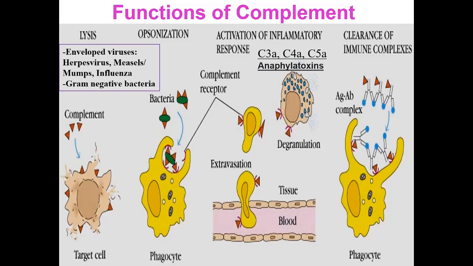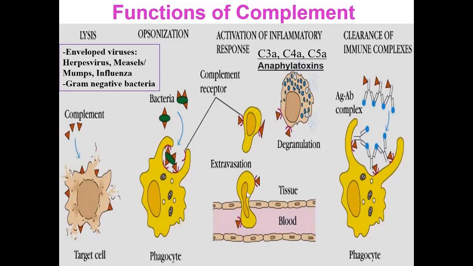Another function of the complement system is increasing inflammation. As you see here, complement system components are involved in extravasation. Extravasation means the migration of inflammatory cells from the circulation into the inflamed tissues.